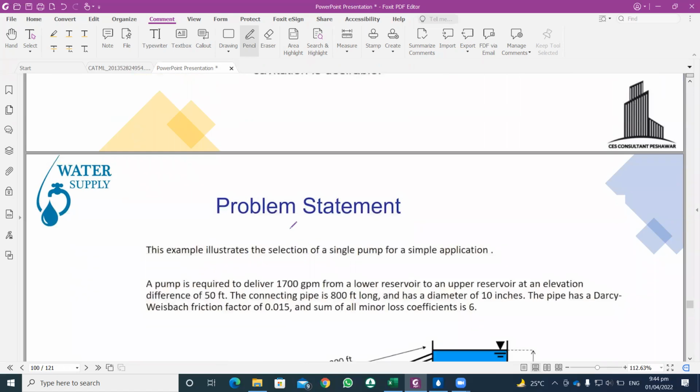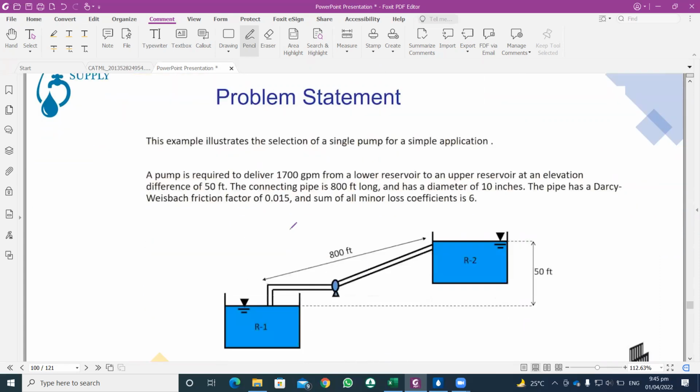So we will do a problem on net positive suction head. In this problem, a pump is transferring water from reservoir 1 to reservoir 2, having a difference of static head of 50 feet.